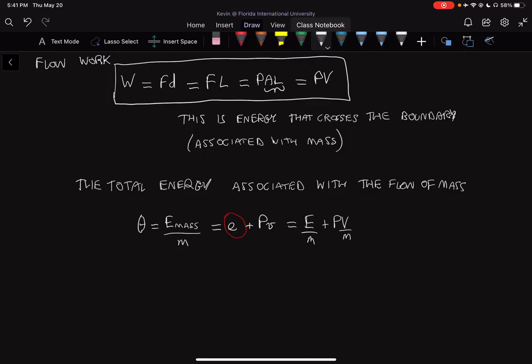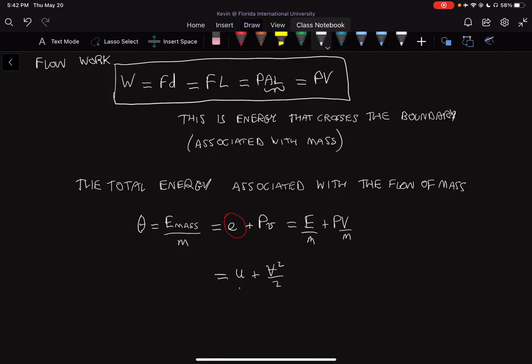So now that we have the energy for mass, we can recognize that this is equal to U plus V squared over 2, which is our kinetic energy.